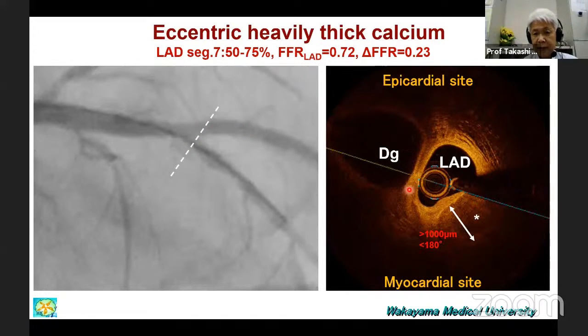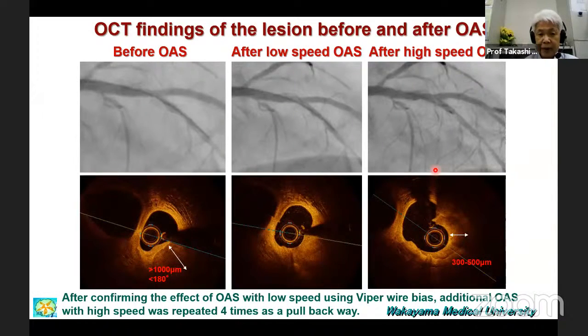Here is a diagonal branch and LAD, and you can identify the very, very thick eccentric calcium. If we put a stent simply here, we cannot dilate this direction. Therefore, the carina shift may occur to the diagonal side and diagonal may occlude. Therefore, if possible, it might be better to ablate here, right?